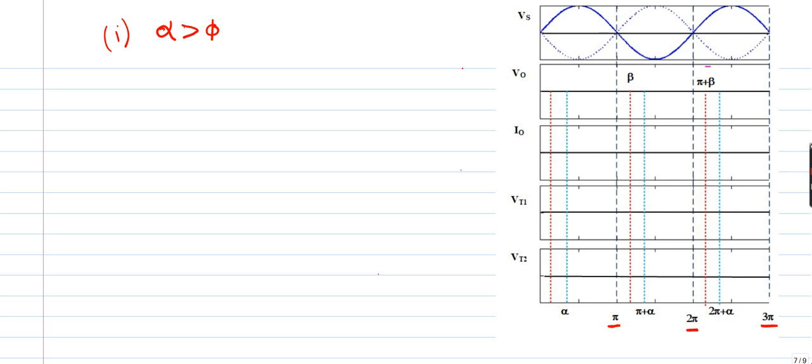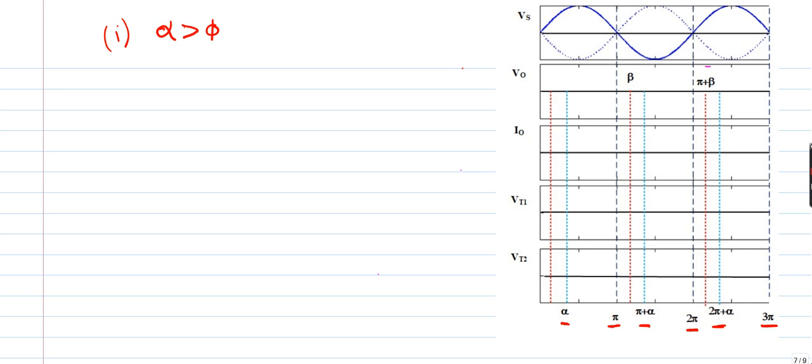After indicating the zero crossing instants, indicate the triggering instants alpha, pi plus alpha and 2 pi plus alpha. Alright, so these three are the triggering instants. Next indicate the extinction instants.